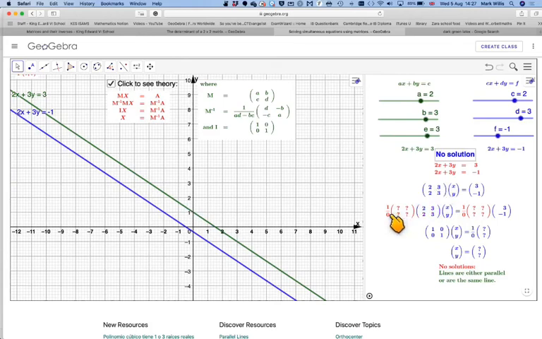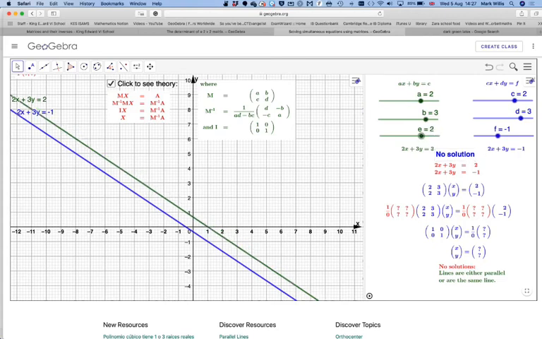And obviously 1 divided by 0 you can't work out. Therefore, you're not going to get any solutions. Okay? So this is what happens when lines are parallel. Now, when lines are the same, the same thing happens. The lines coincide. The only difference is the two numbers at the end will be the same.